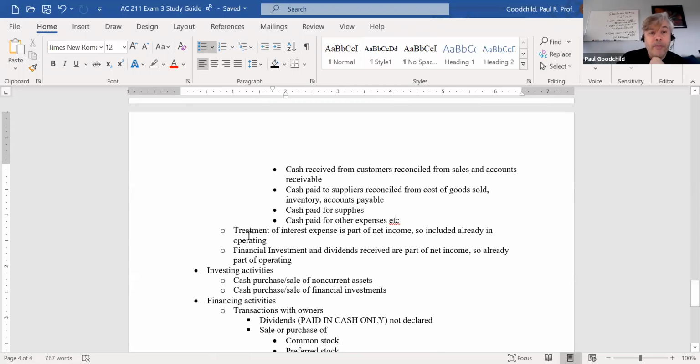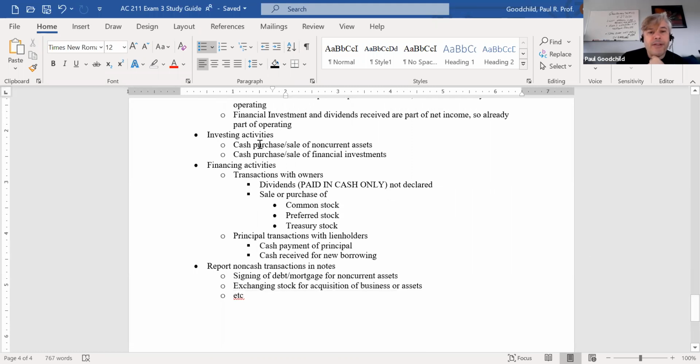And then remember, the treatment of interest expense is part of net income, so it's already included in the operating section in net income. And financial investment and dividends received are part of net income, so they're already part of operating income as well.